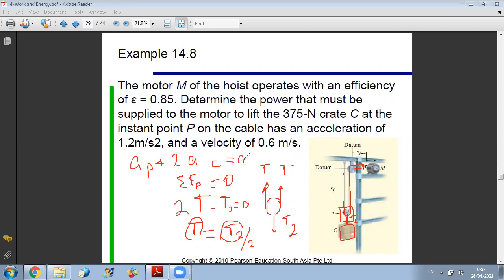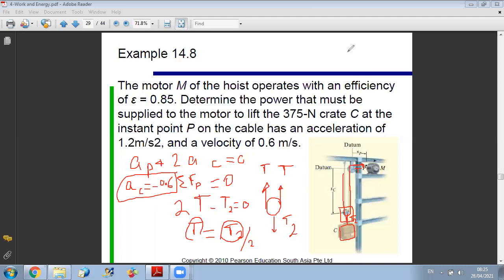And since we know that acceleration of P is 1.2, then we can deduce that the acceleration of C will be minus 0.6. Okay, so first we get AC. AC is equal to minus 0.6 from this relation.